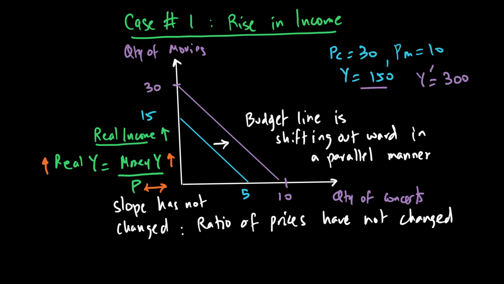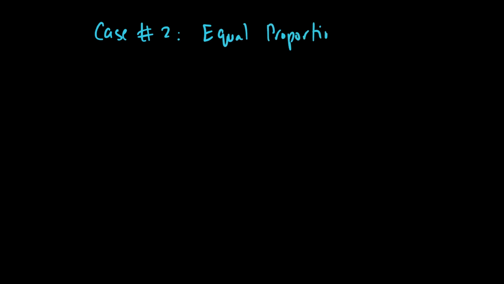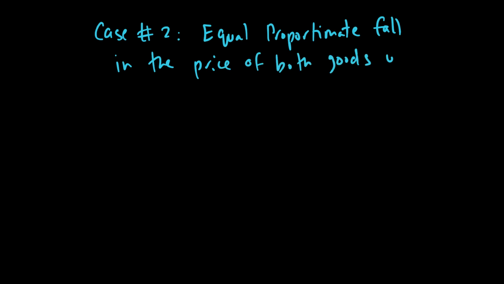Similar to case number 1 is the second case, which is what if there is a fall in the price of both goods. Let me write this. Case number 2 is an equal proportionate fall in the price of both goods with no change in income.